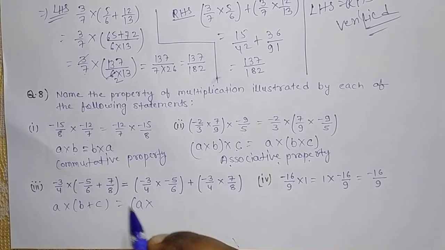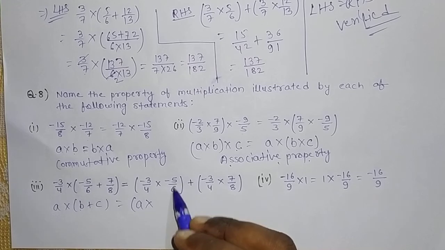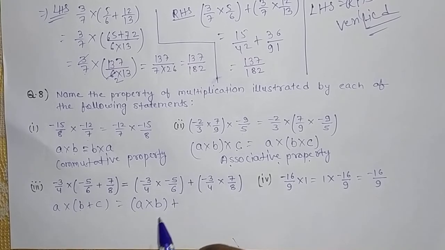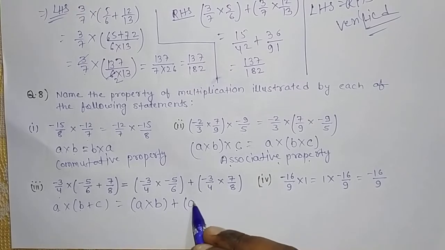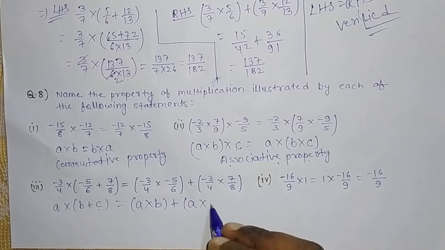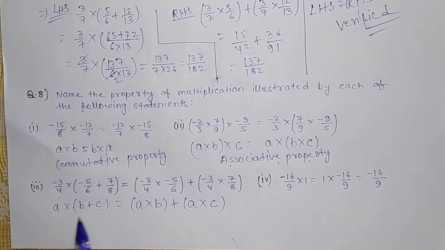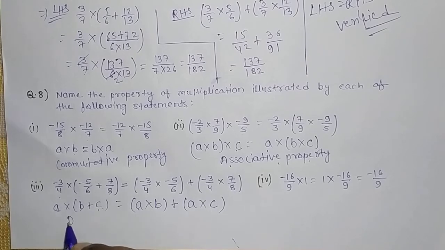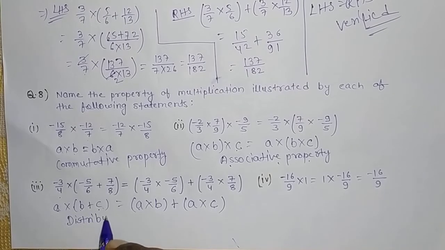So this is A into minus 5 by 6, which is B, plus A into 7 by 8, which is C. So this is A into B plus C, and if we expand this, it becomes A into B plus A into C. So this is simply, we can see here, the distributive property.